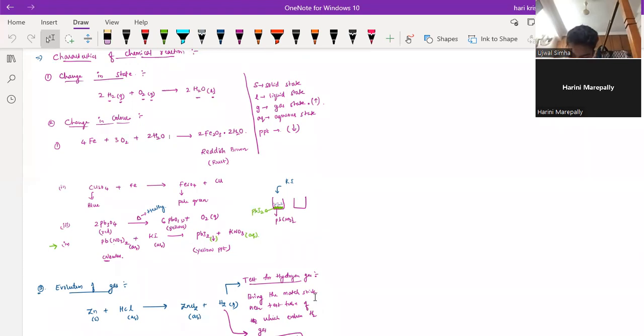Or they will tell that brown color fumes will be produced upon heating one of the metal oxides. What is that metal oxide? Can you repeat, sir? During the chemical reaction, brown color fumes are produced upon heating the metal oxide. In which chemical reaction are brown color fumes produced?